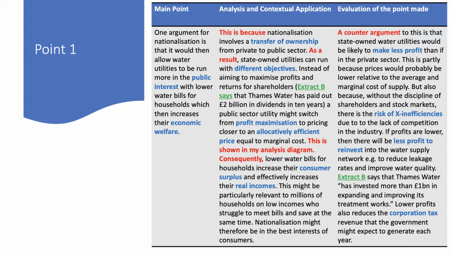If profits are lower, then there'd be less profit to reinvest in the water industry. That could have an impact on leakage rates and water quality, for example. I'm using extract B to say that Thames Water has invested more than £1 billion in expanding and improving its treatment works. And lower profits also mean that the government gets less money in from corporation tax each year.